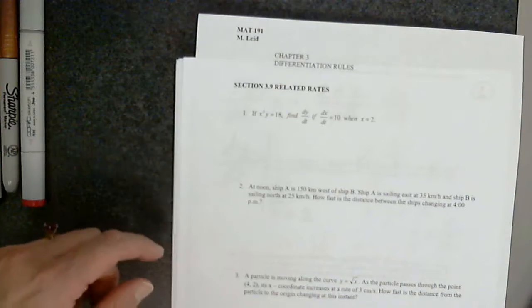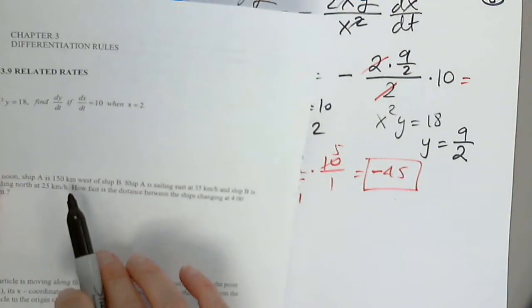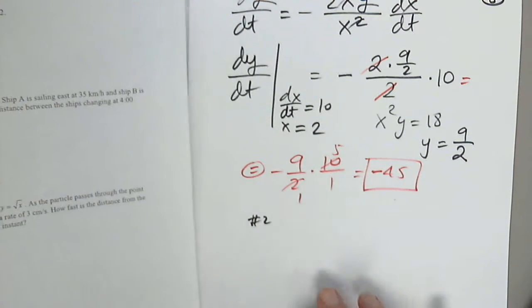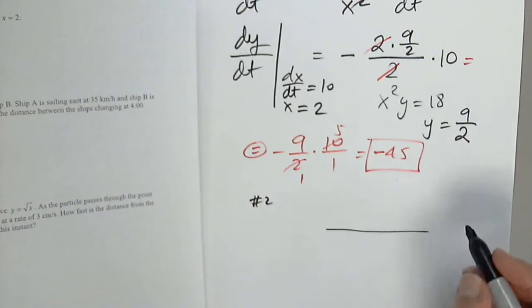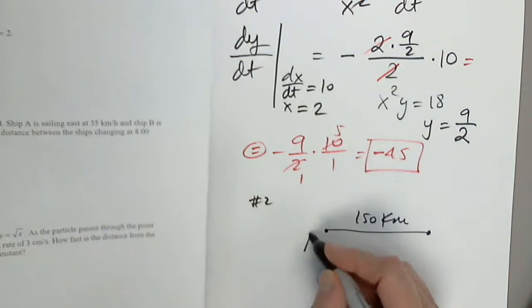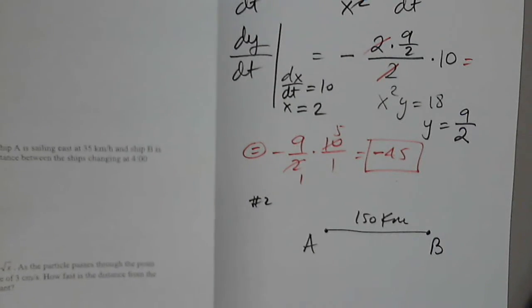Okay, so at noon, ship A is 150 kilometers west of B. So this is problem 2 on the handout. A is west of B, 150 kilometers between the two of them.